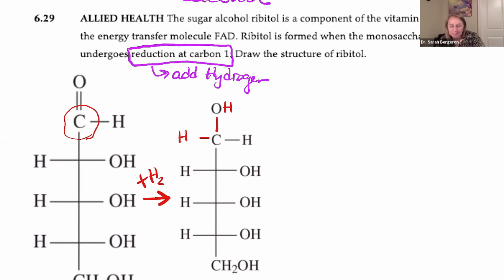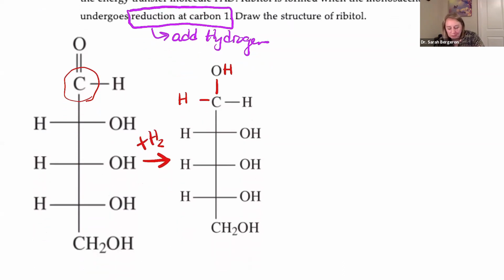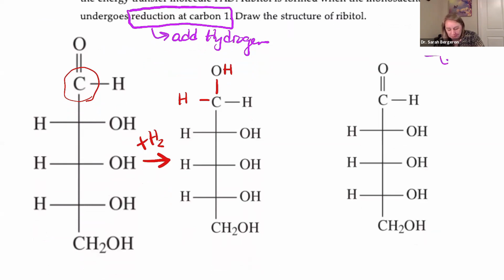So that's great. I do want to tell you that another way you could write this, and your book shows it this way sometimes, I don't care for it so much, but you're going to see it, so I want you to know what it means. Sometimes they will write this group right here in the condensed form.